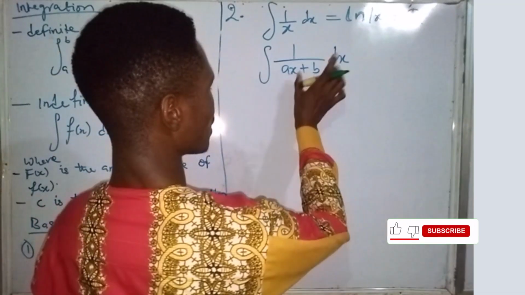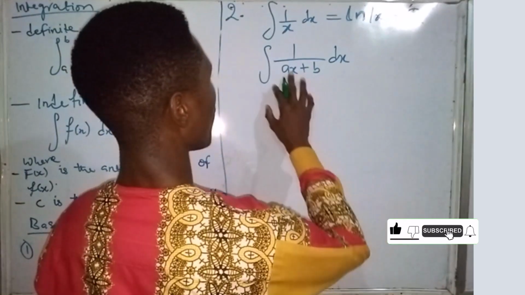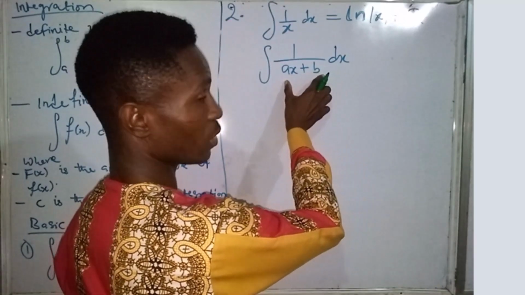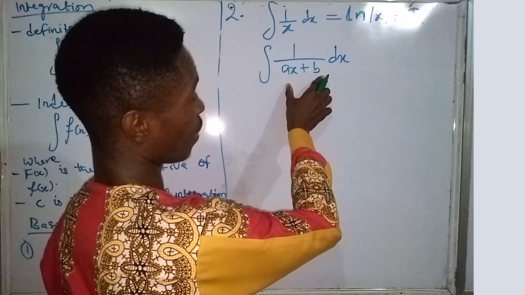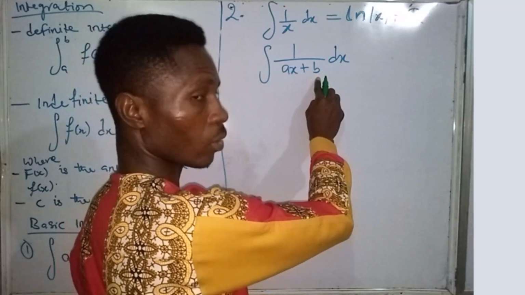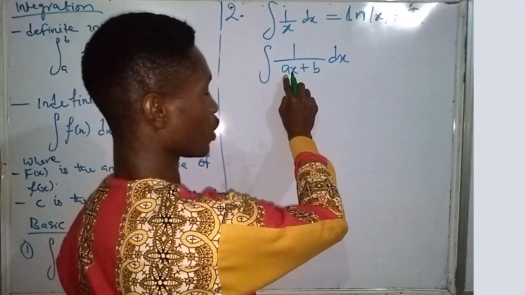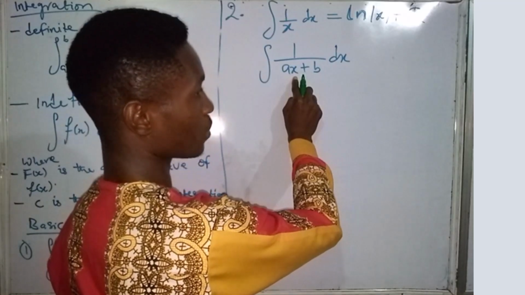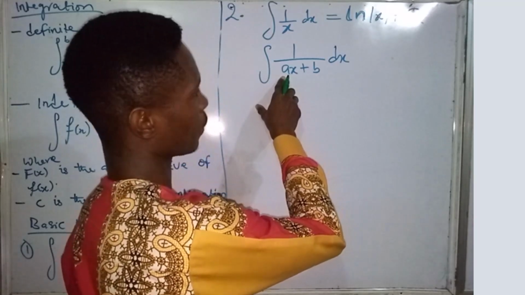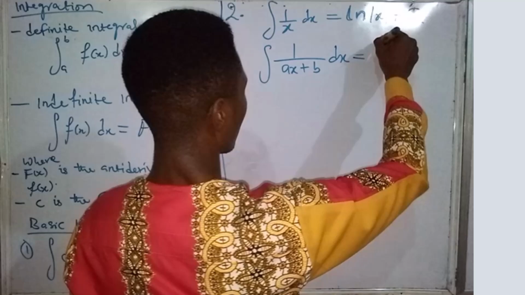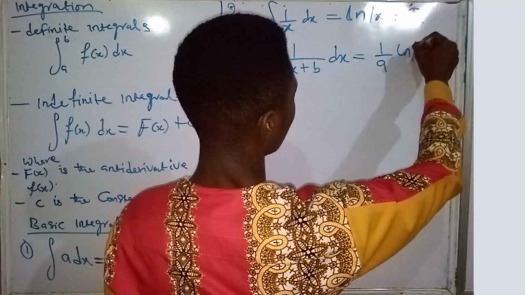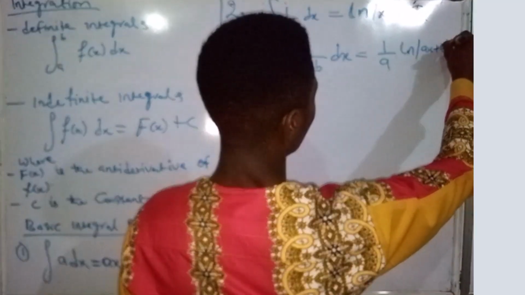In this case, it's more like you are finding the derivative of the denominator. If you find the derivative of the denominator, you'll be having a alone because b is a constant. If you differentiate a constant, you get 0. If you differentiate a variable that is raised to the power of 1, it's going to vanish, leaving a coefficient behind. So in this case, this should give us 1 over a, the natural log, absolute value of ax plus b, plus c.